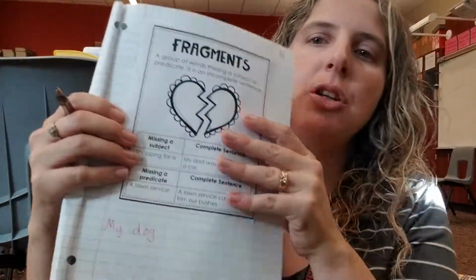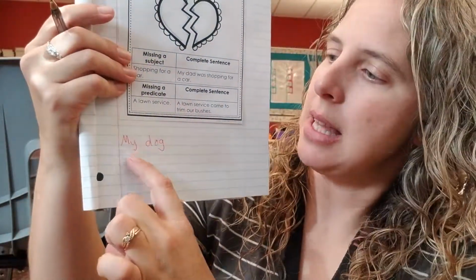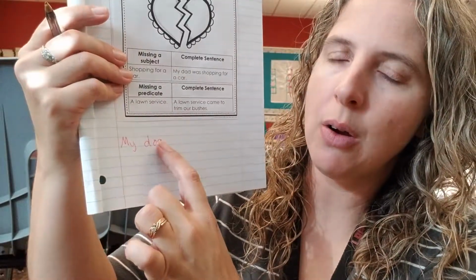And then we're going to turn fragments into sentences. So I will do one for you, and I'm going to give you some for you to do. So I want you to write, my dog. Ask yourself when you see that, is that the subject, who we're talking about, or what's happening?